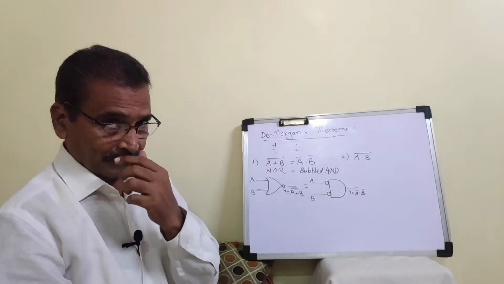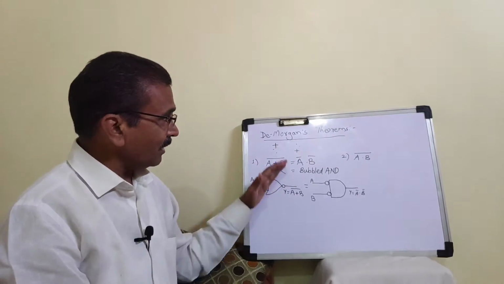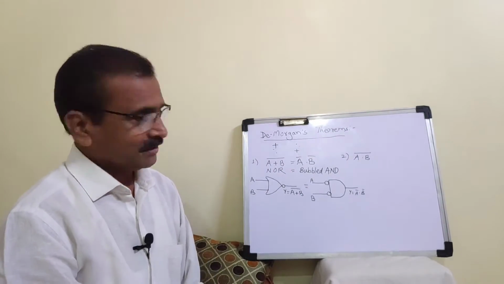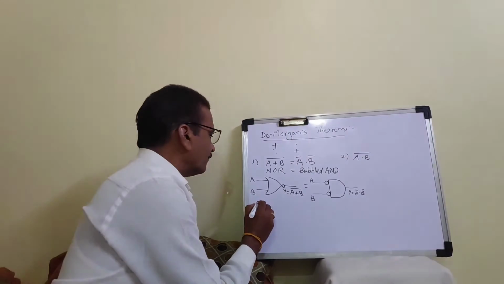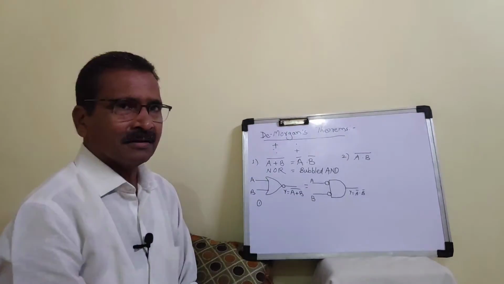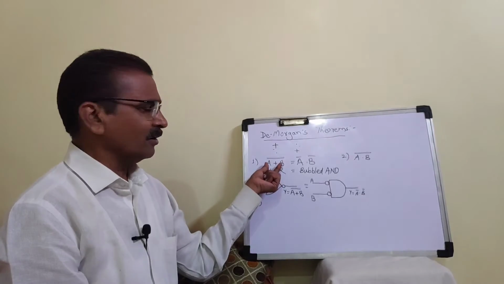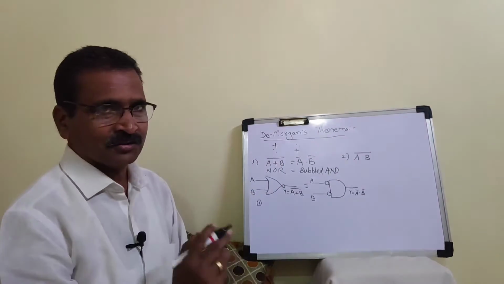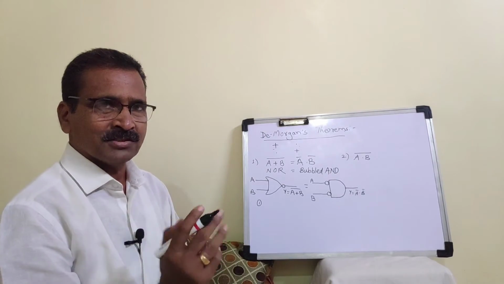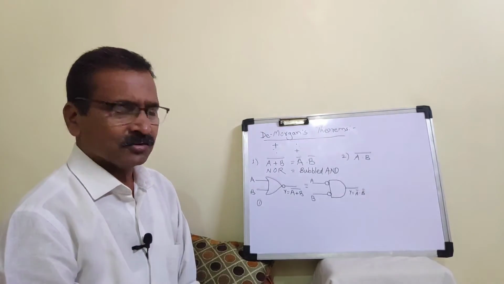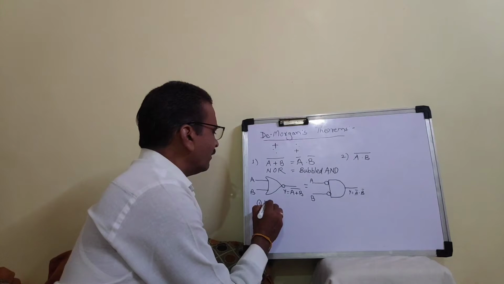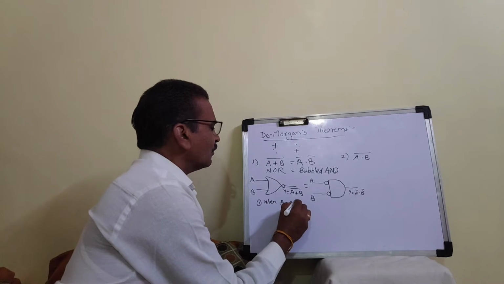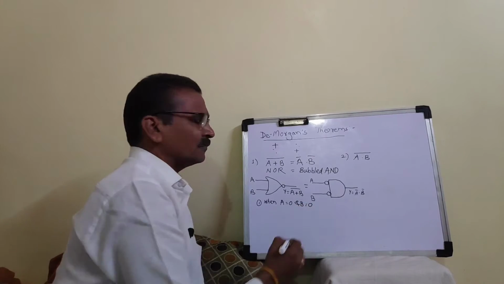Up to here it is understood. Now let us see the truth table of this first theorem. For that truth table we have to set the conditions. We know very well we have two inputs, that means possible combinations are 4, that is 00, 01, 10 and 11. So first condition will be when A equals 0 and B equals 0.